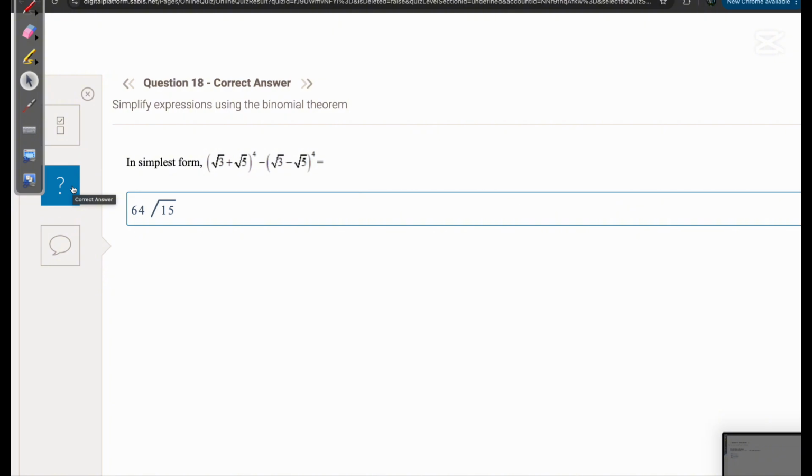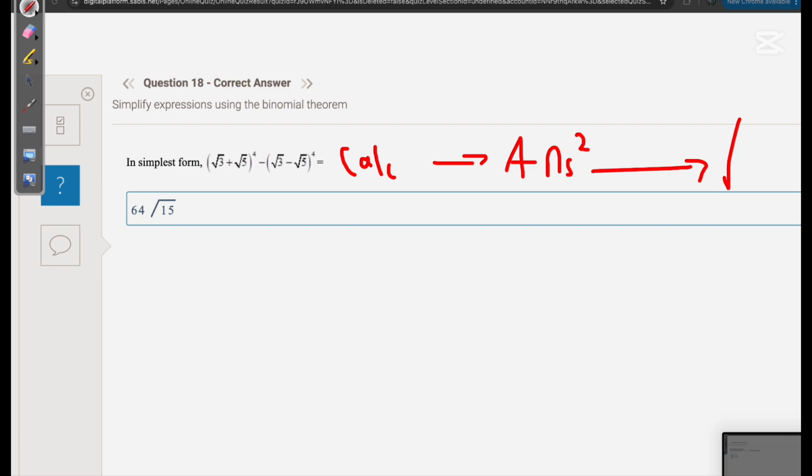This will give you, look on the calculator, a decimal, so you square the answer. Then once you get that answer, you square root the answer, and it will get you 64 radical 50.